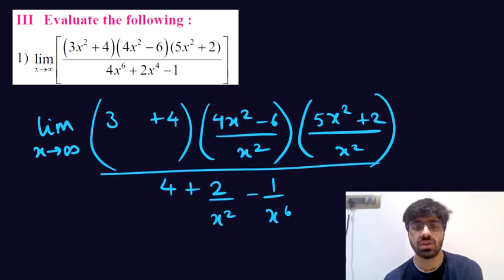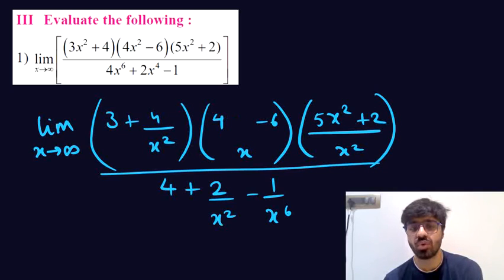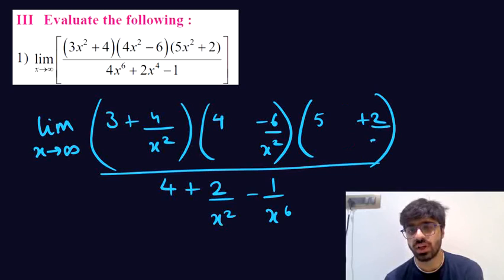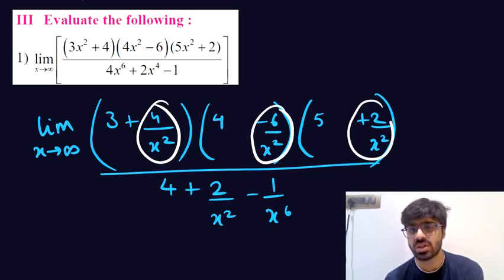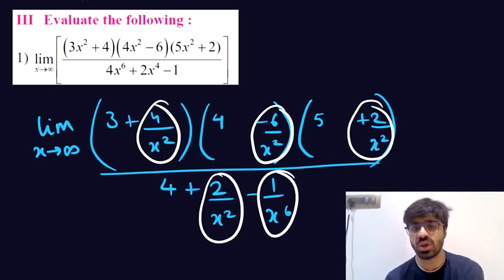Split the terms here. This will be 3 plus 4 upon x square. This will be 4 minus 6 upon x square. This will be 5 plus 2 upon x square. So 4 upon x square will be 0. This will be 0 and this will be 0. This and this will also be 0.